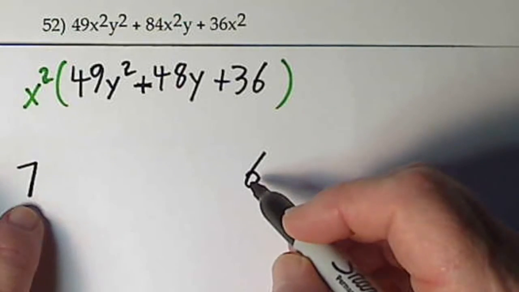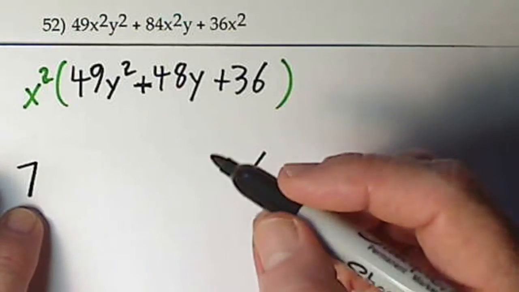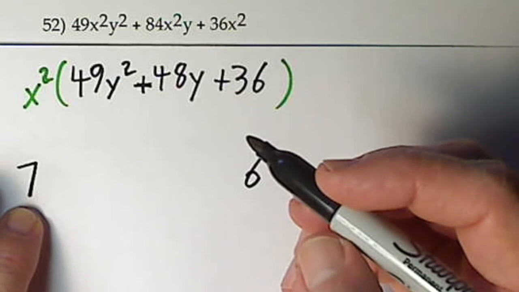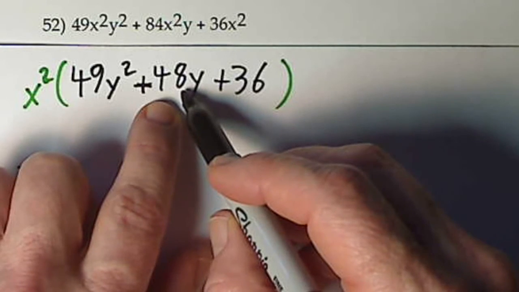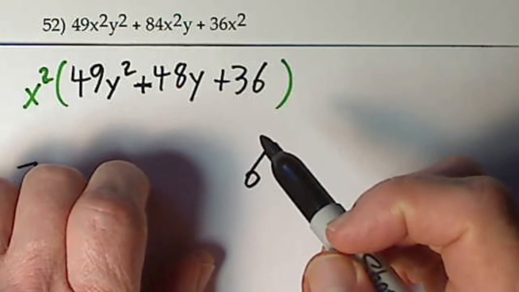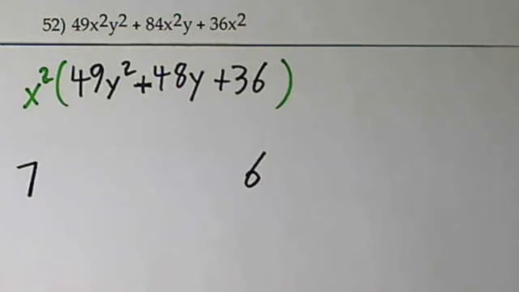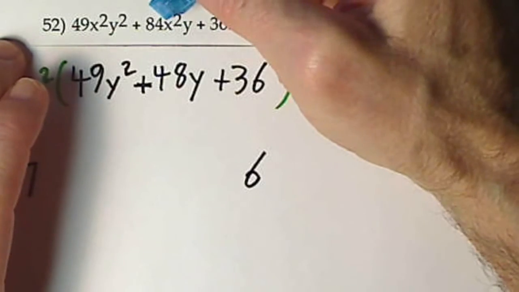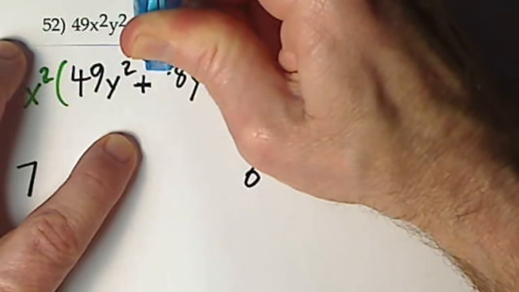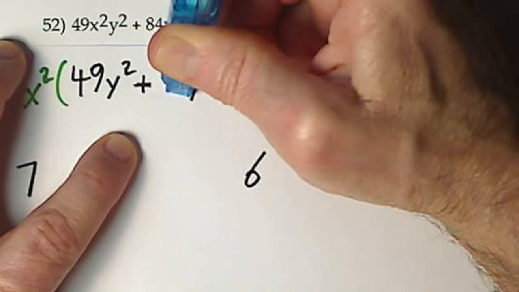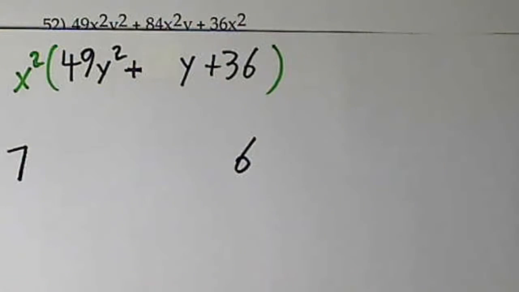If you multiply 7 times 6, you get, I reversed these numbers. Darn it. Well, I'm going to reverse them right back because I wasn't supposed to do that. Alright, so notice that was an 84. This is supposed to be an 84. Sorry about that.